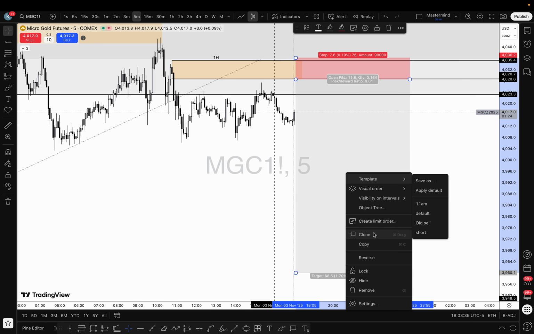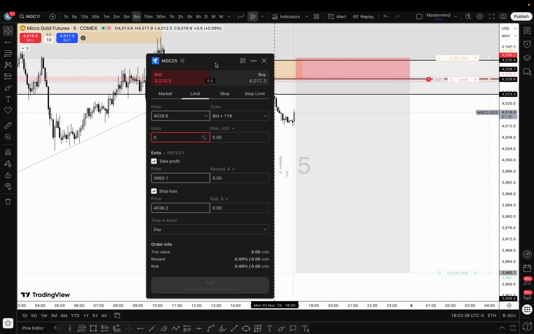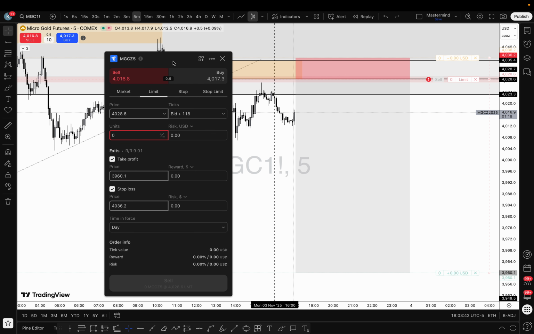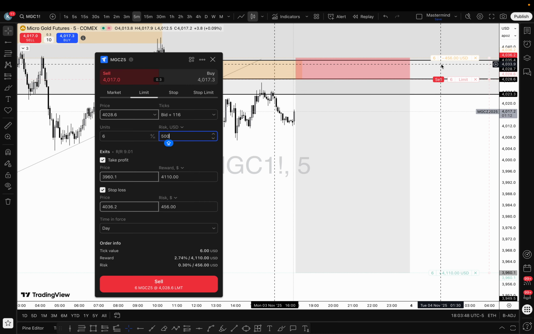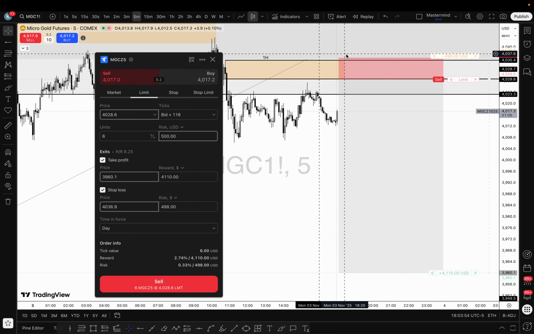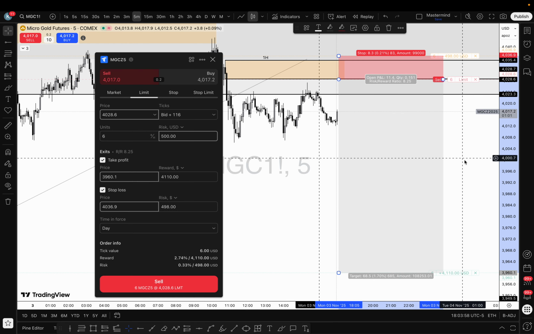So fortunately for us, we could trade on TradingView. We're just gonna enter this trade, risk 500. So we'll just put it on 500 flat, around 500. Extend this right here.